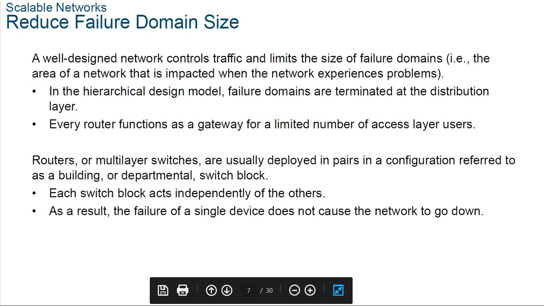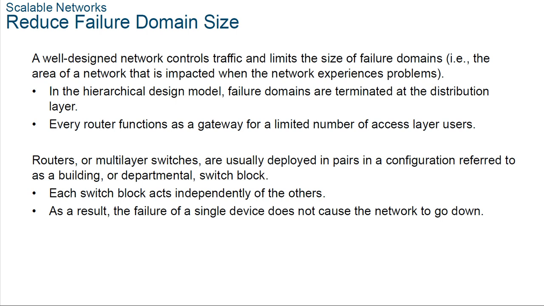And then in order to provide a good scalable network, we can reduce the failure domain size. How to do this? A well-designed network controls traffic and limits the size of the failure domain, for example, the area of the network that is impacted when the network experiences a problem.